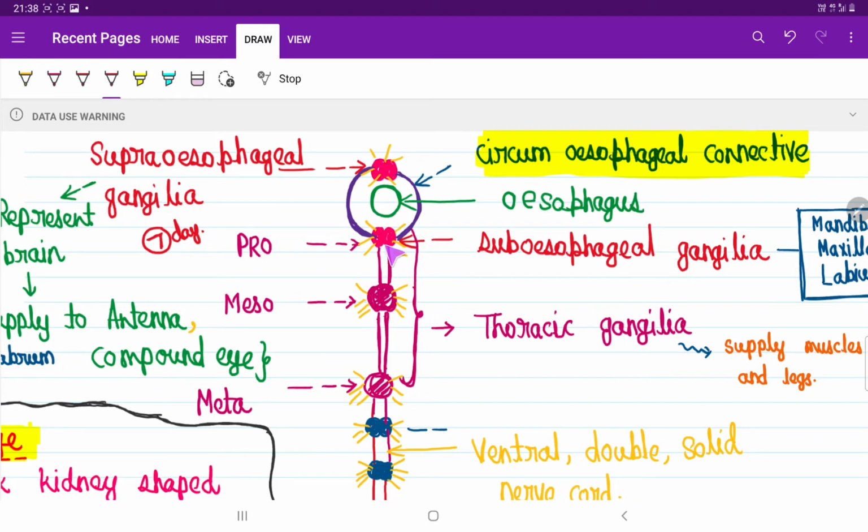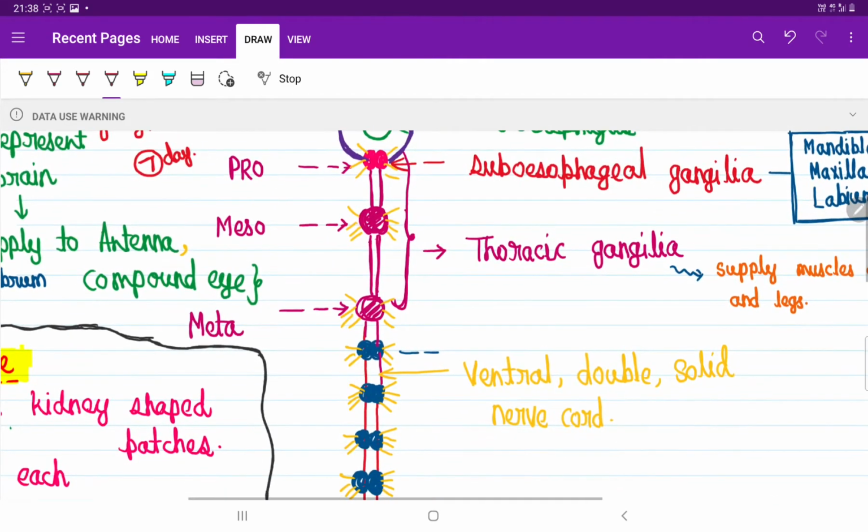These ganglia are connected by one pair of nerve cords, which is ventrally located and solid. So like other invertebrates, their nerve cord is also ventral, double and solid, right?